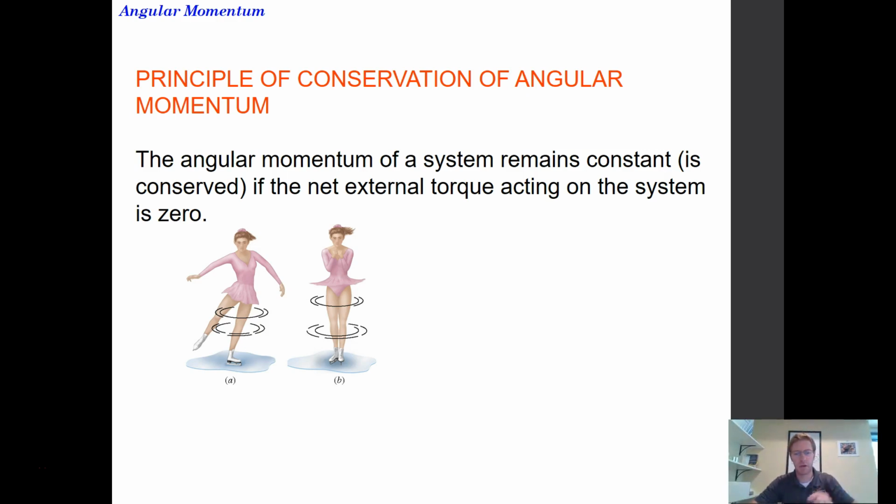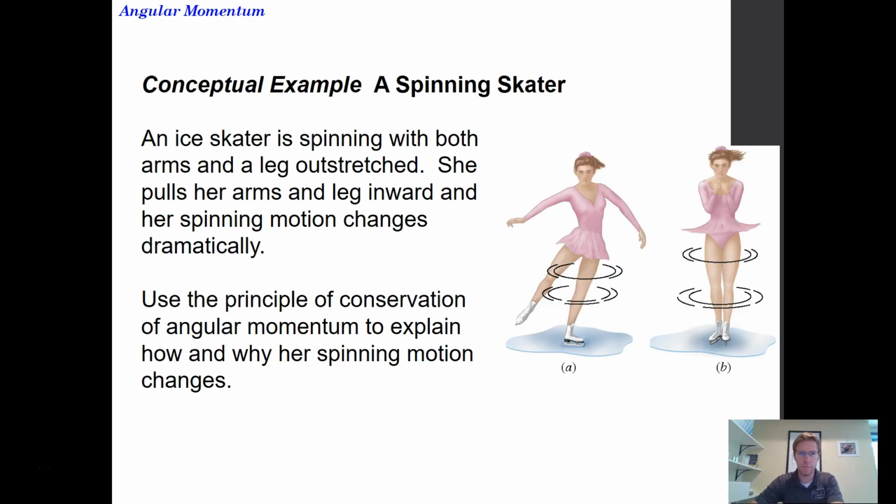So if you decrease your moment of inertia, you must increase your angular velocity in order to maintain a constant angular momentum. So again, ice skating is a perfect example of conservation of angular momentum.